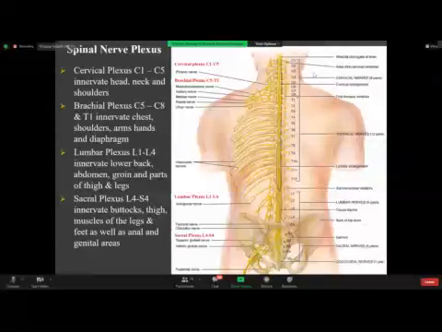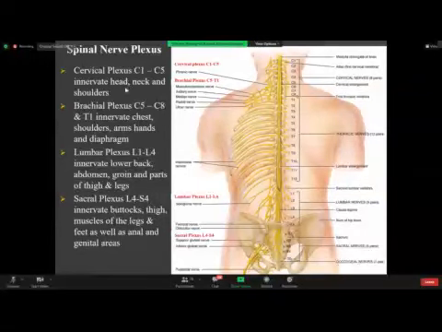So we have the cervical plexus over here, and then we have the brachial plexus, which is C5 to C8, very important over here. And then we have the lumbar plexus that you see, 1, 2, 3, 4, 5. You also have the sacral, 4, 5, 6. All of them play complex functions.